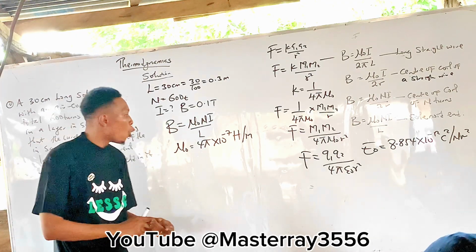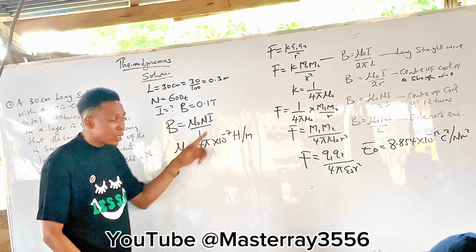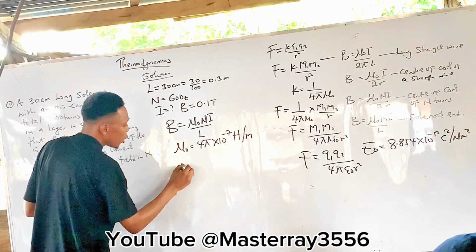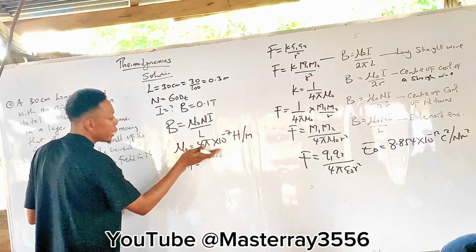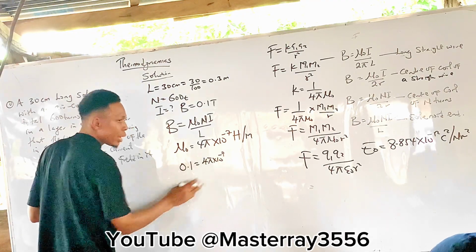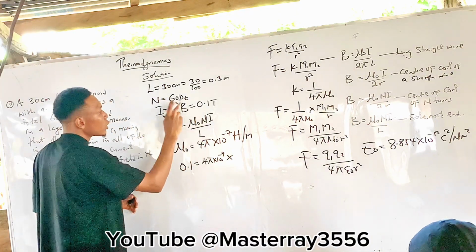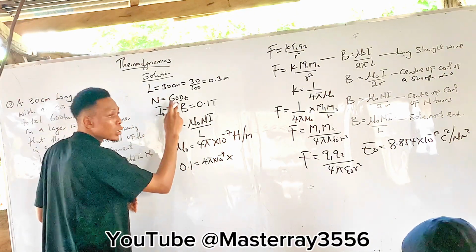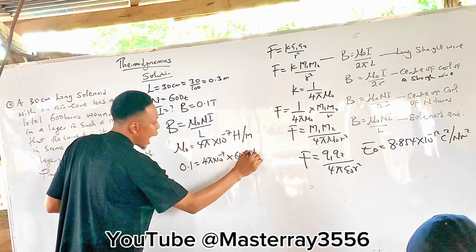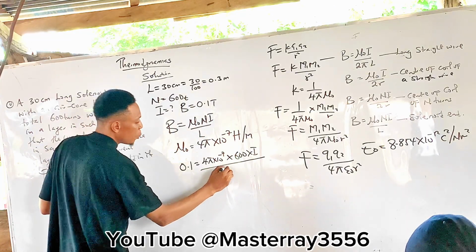Coming back to this question, what are we asked to look for? We are looking for I, which is our current. So from here, B is 0.1, which equals 4 pi times 10 raised to the power minus 7, times the number of turns, 600, times I, all over the length, 0.3.